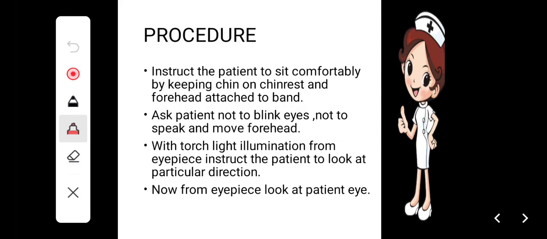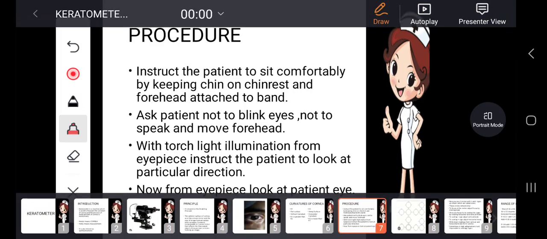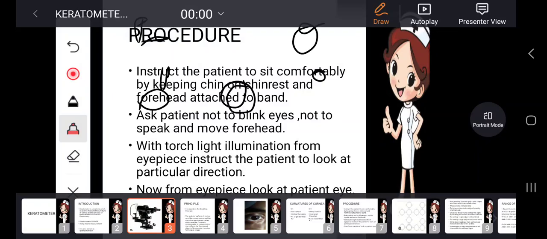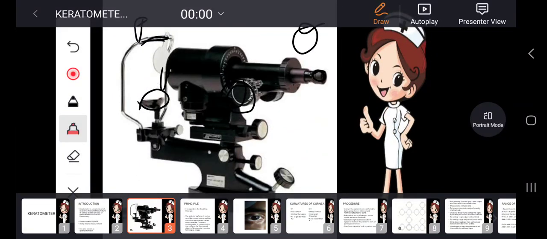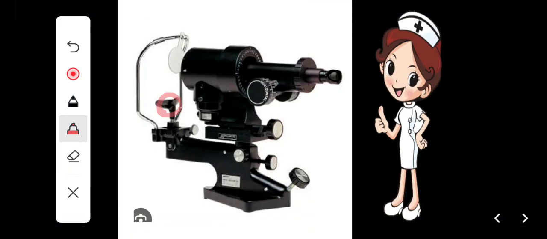The procedure is to instruct the patient to sit comfortably by keeping the chin on the chin rest and the forehead attached to the band. The examiner will look from this side, illuminate the torch light from this surface, and look at the patient's cornea.